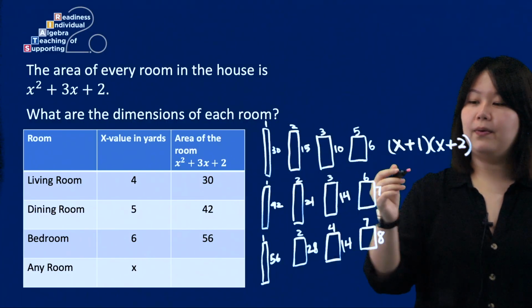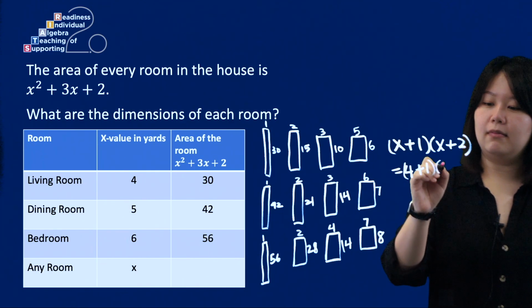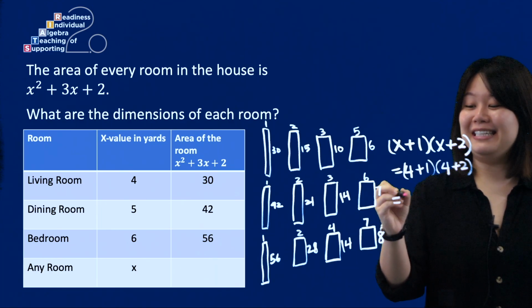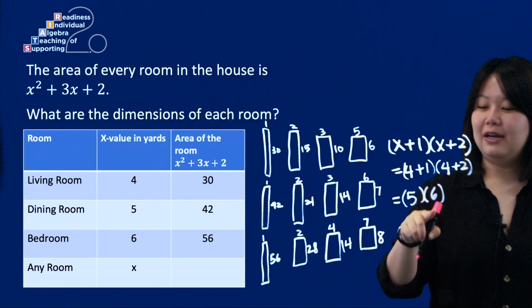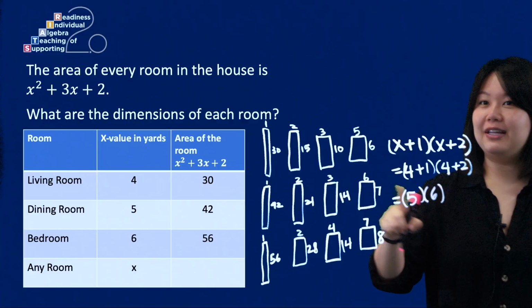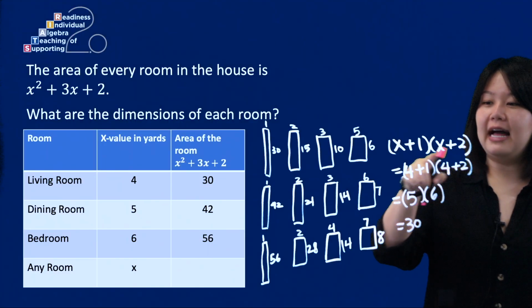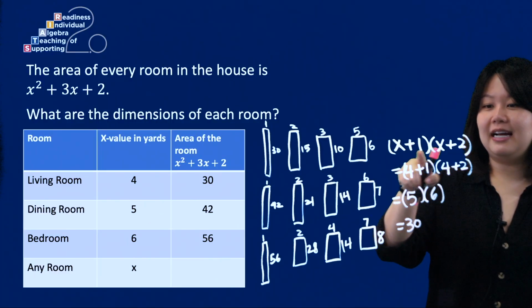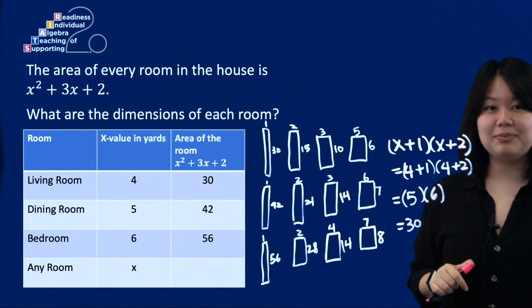If x is 4, sorry, it's so squeaky, 5 times 6, which is true here, and then we know that the product is going to be 30. So we know that these 2 factors, x plus 1 times x plus 2, are true for this problem.